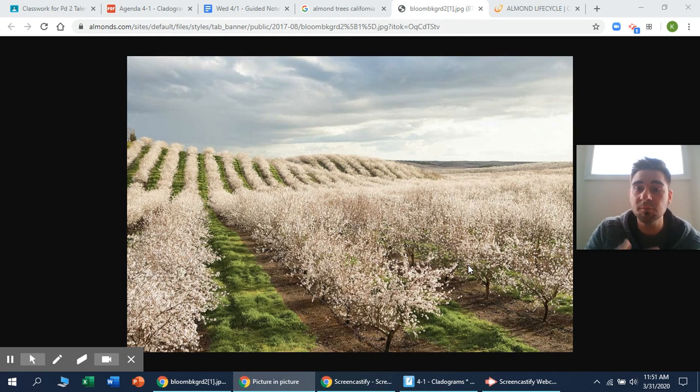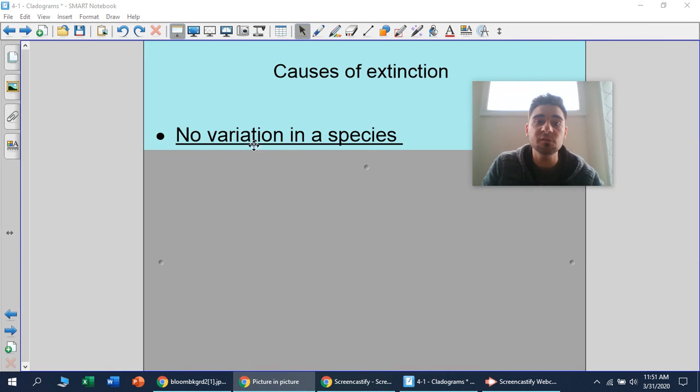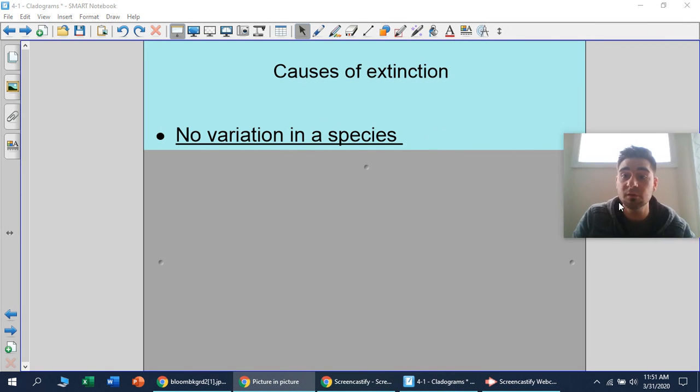If something comes in and they're vulnerable to whatever it is, if they're vulnerable to a sudden new pathogen, they're susceptible to sudden cold temperature or sudden flooding. If there's no variation, then they're all going to die, right? It's all or nothing. That's what that means. So variation in a species could prevent extinction.